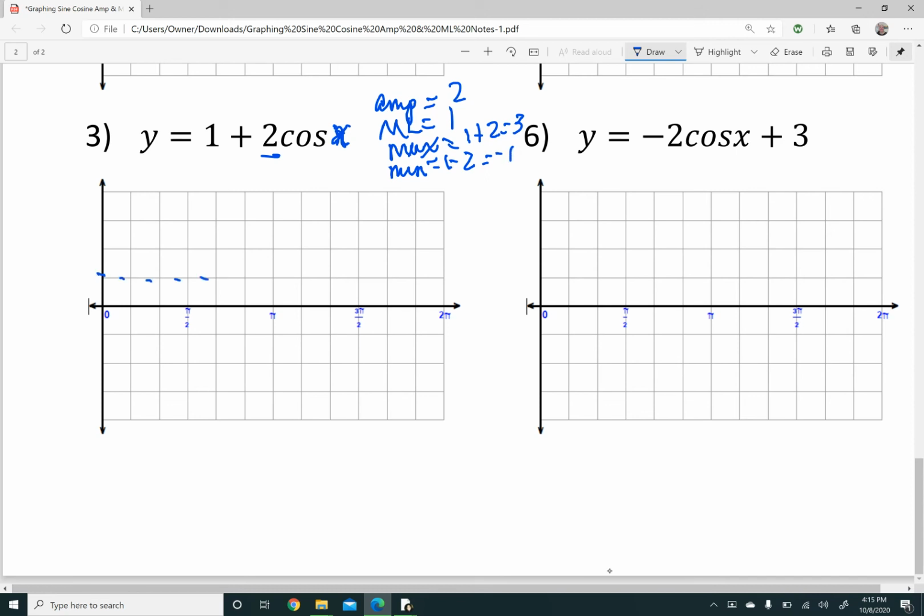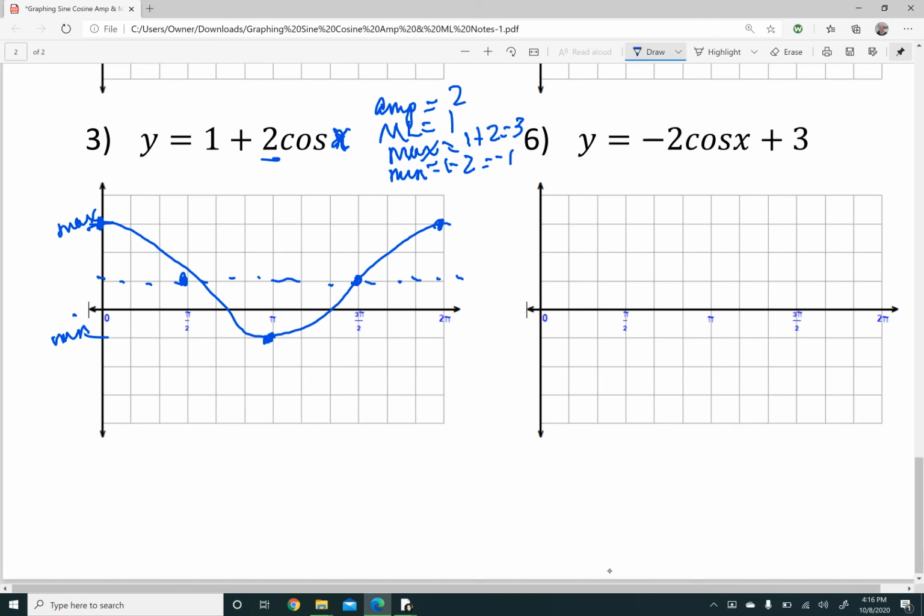So my midline is right here. My max is here. And my min is here. This is a cosine graph, so cosine starts at the max, goes to the midline, down to the min, back to the midline, back to the max. So my graph looks like this.